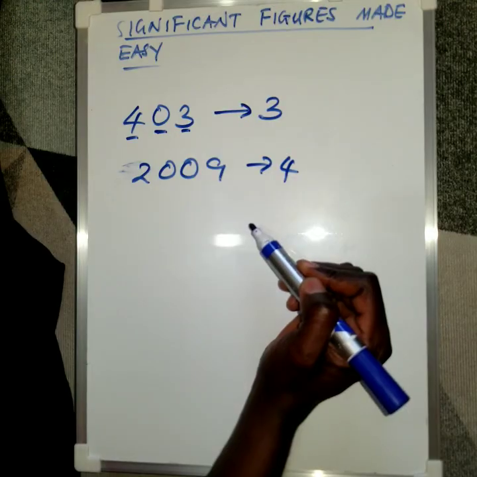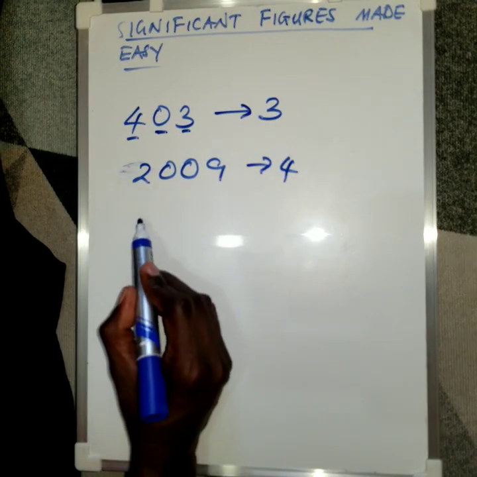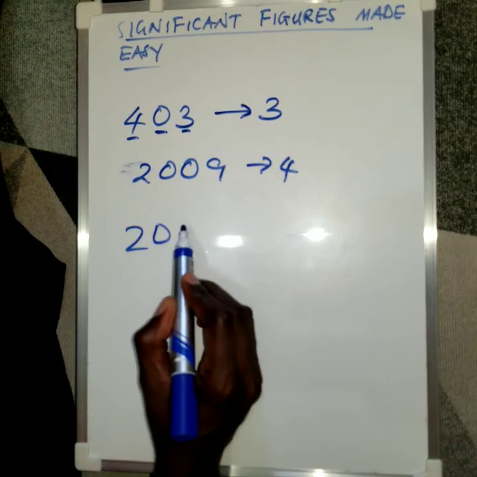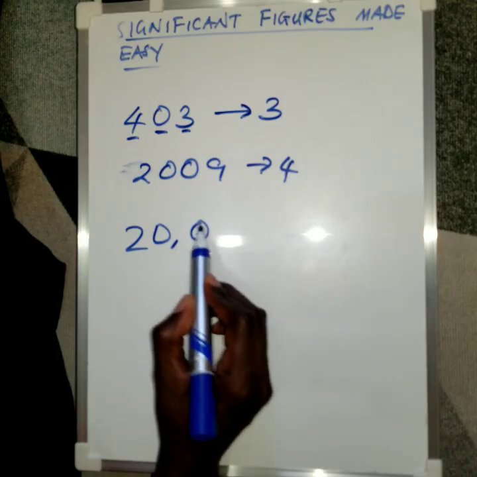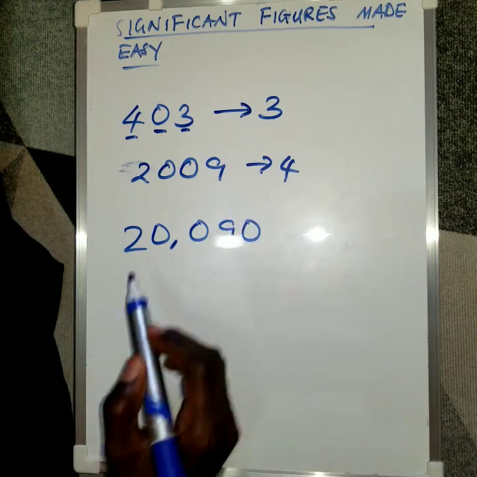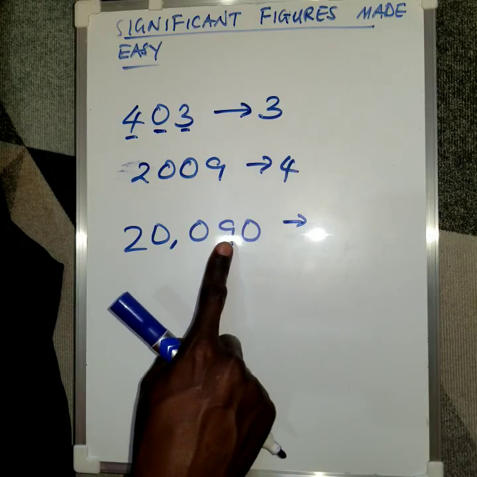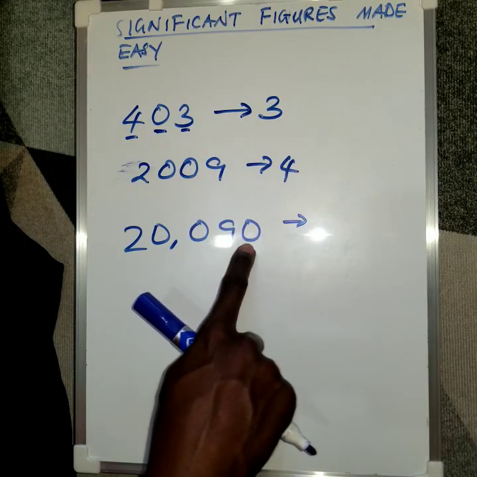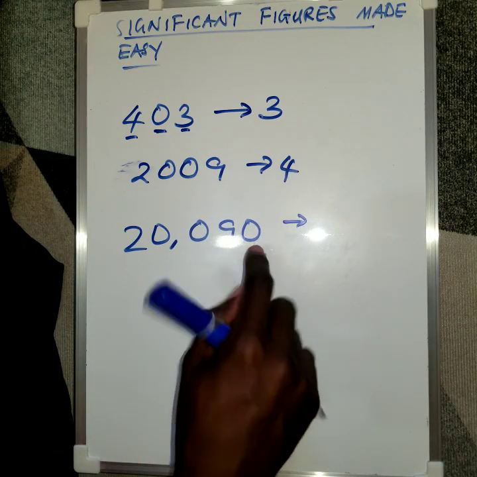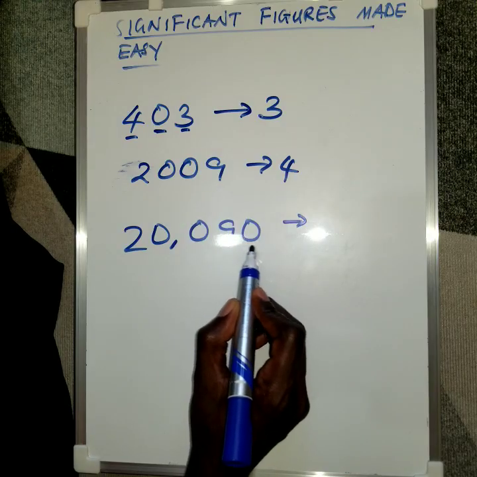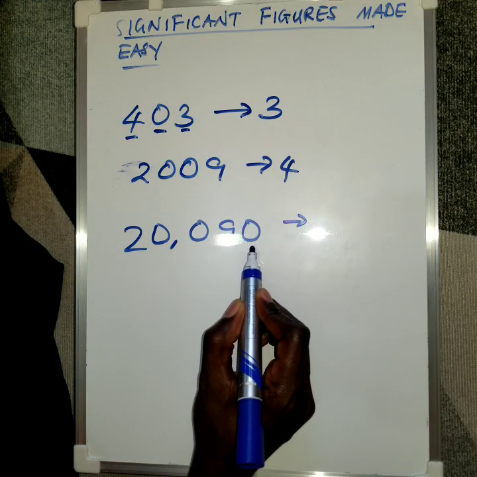There are actually 4. What about if I have a number such as 20,090? Then how many significant figures are there? Well, you need to remember that if the 0 is at the end of a whole number, that 0 is not considered significant or important.